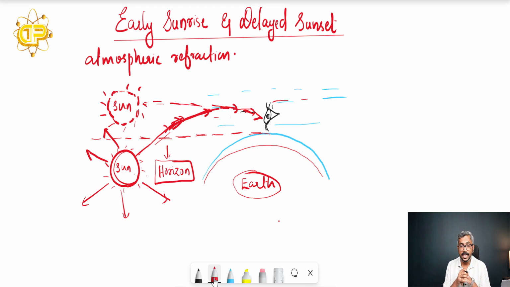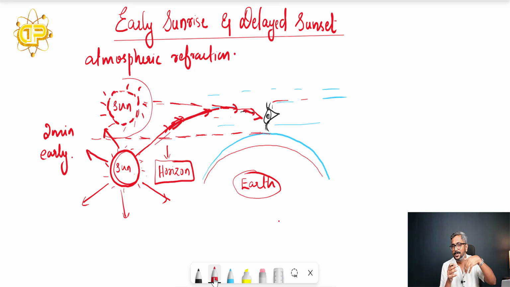Even though the sun is below the horizon, that means it hasn't risen till now, you can see the sun at a different apparent position above the horizon. From studies, we found that it is 2 minutes early. Even though the sun is below the horizon, 2 minutes earlier you can see the sun has already risen in the apparent position, and it is due to atmospheric refraction.